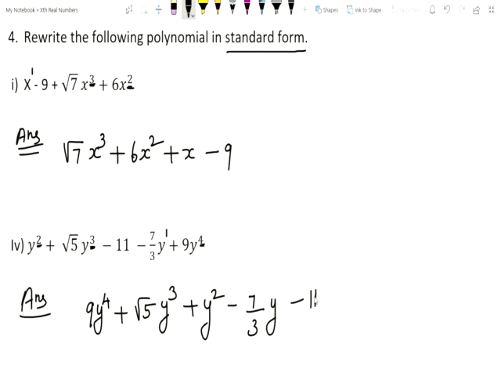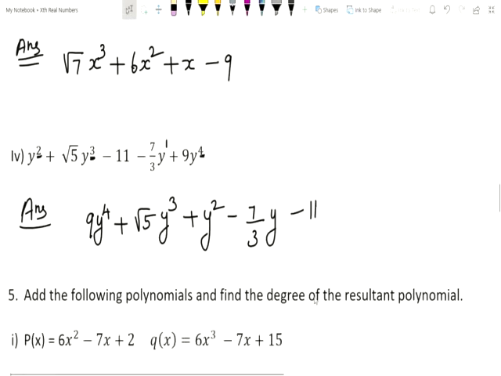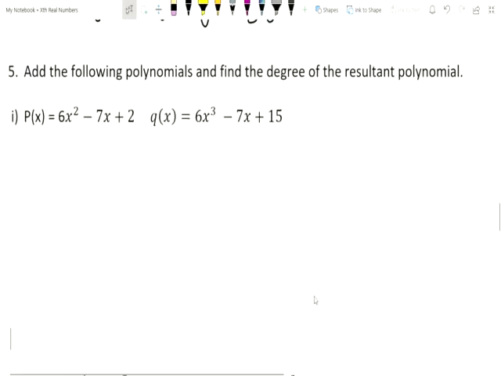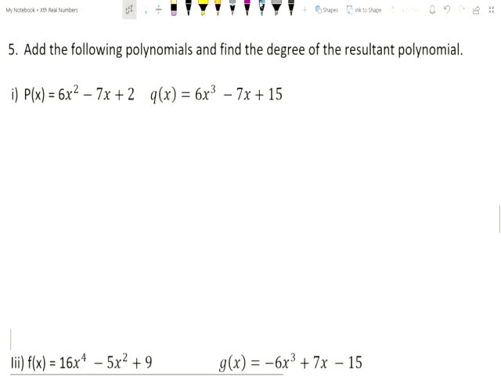Let's move on to the next one. Add the following polynomials and find the degree of the resultant polynomial. First we need to add the polynomials. After that we need to find out the degree of the polynomial. First one, P of x equals 6x square minus 7x plus 2.